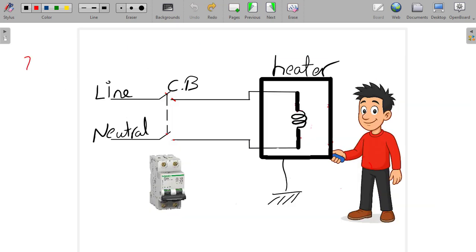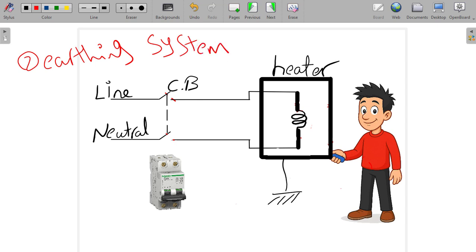The second method is earthing system. You have to get an earthing system and earthing rods inside your house to protect yourself from earth leakage. So you will have an earthing rod and you will connect it to all the metallic bodies inside your house. When there is an earth leakage current, it will see two different roads.